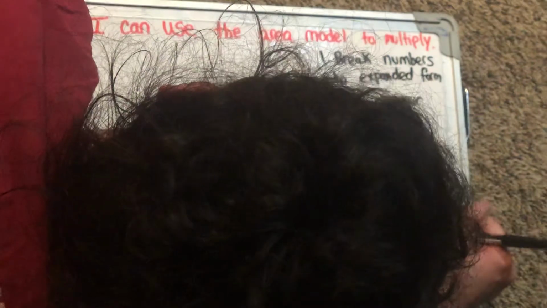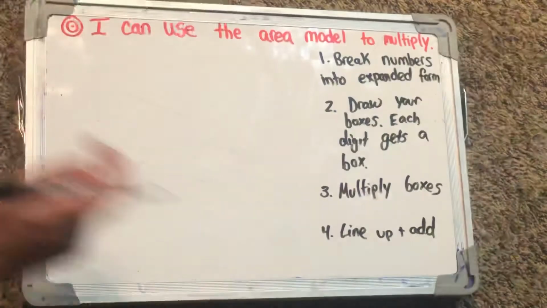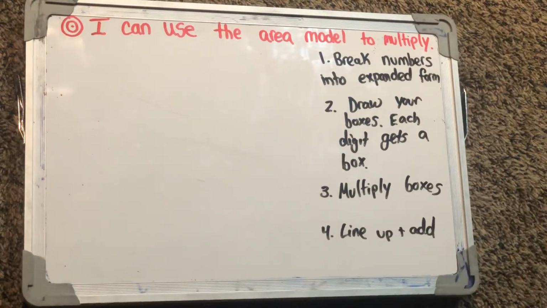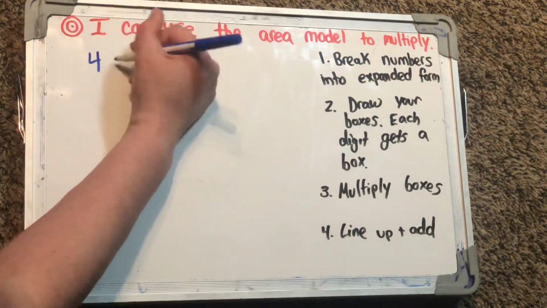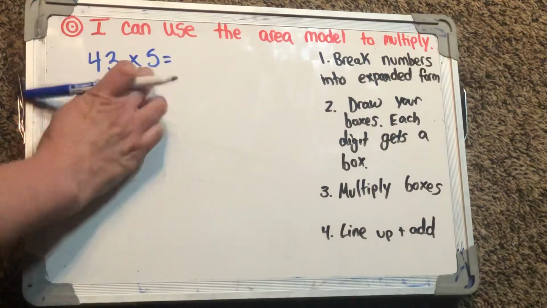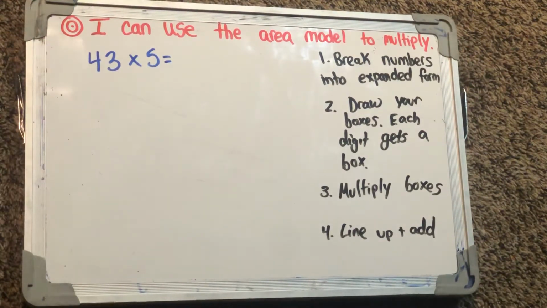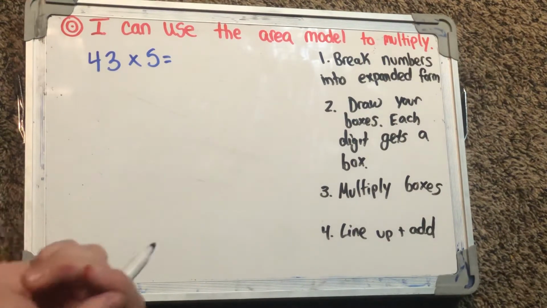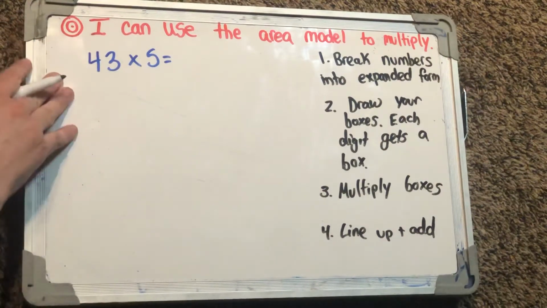And step 4 would be to line up and add those partial products. So let's try one together. It's going to be 43 times 5. And I'm being nice by giving you that 5. 43 times 5, write it down.